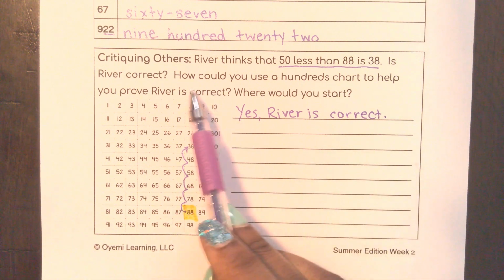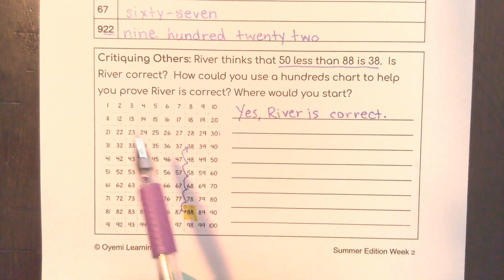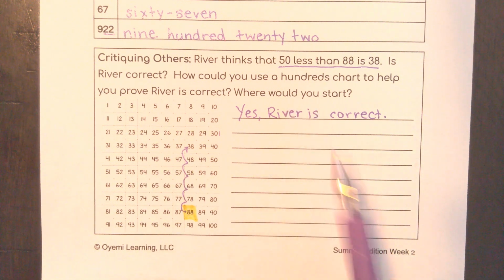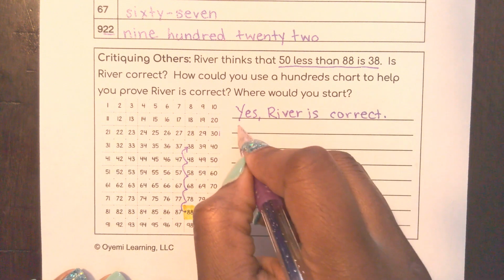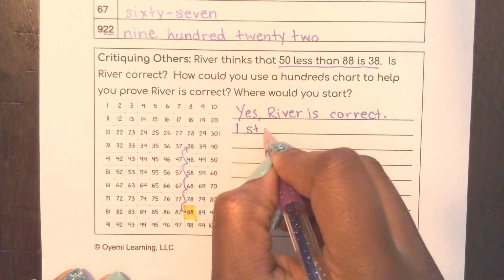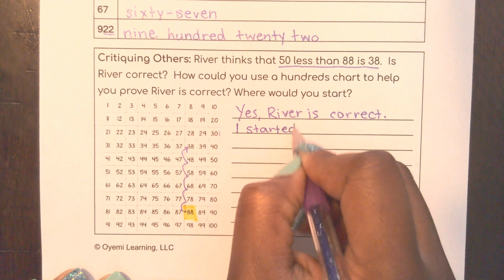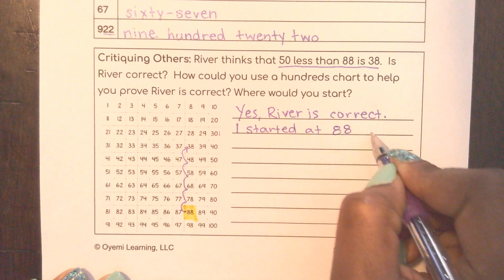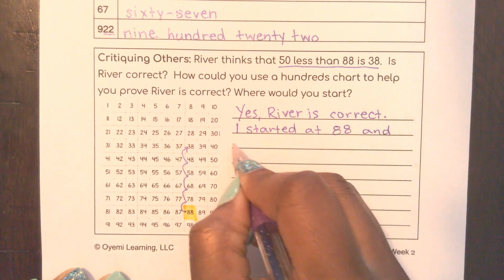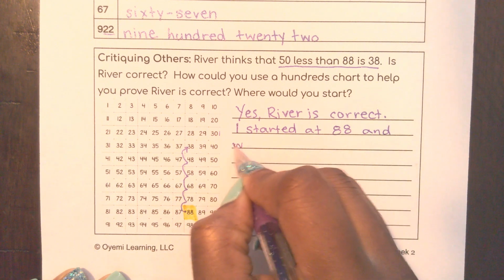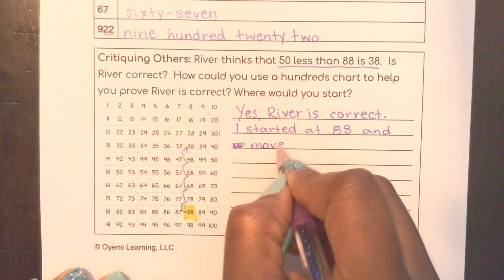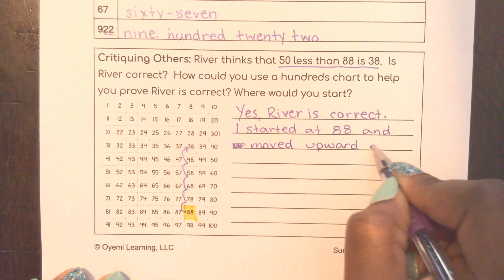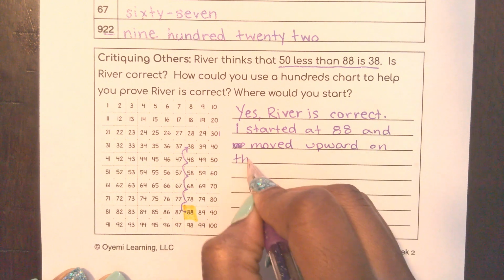Then here it asks, how could you use a hundreds chart to help you prove it? And we did that already. Now we explain what we did. I started at 88 and moved upward on the hundreds chart.